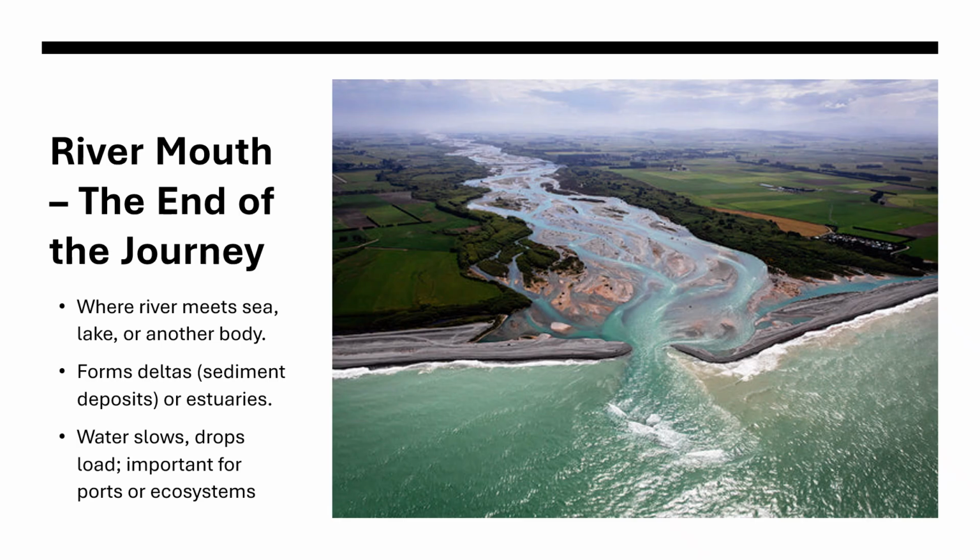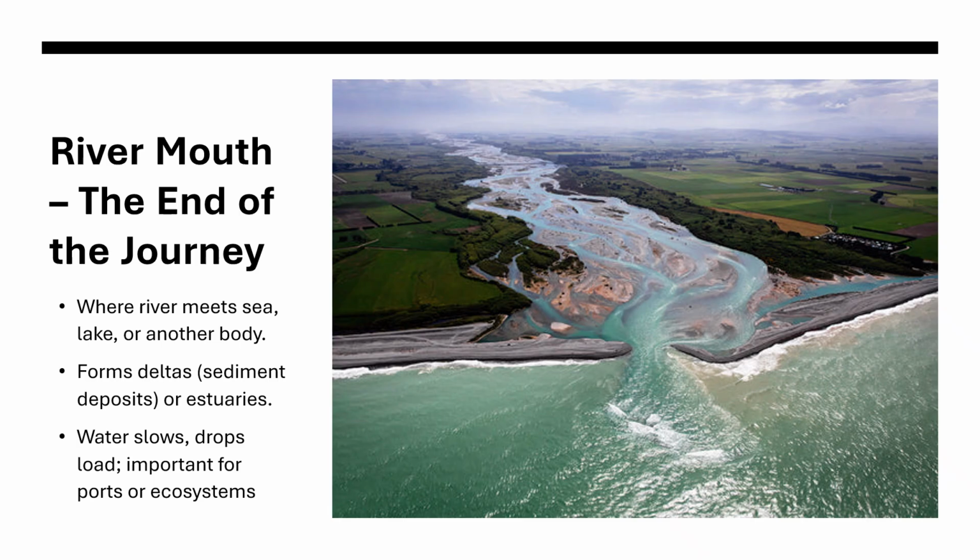It's where a river meets a sea, a lake, or another water body. As you can see here we have the sea, and here we have the river. This point where the river meets the sea is called what? It's called a mouth, a river mouth.